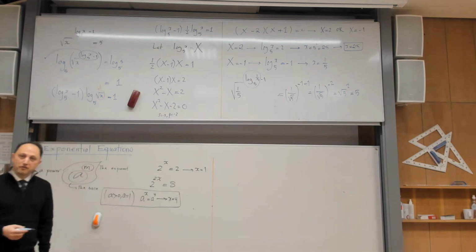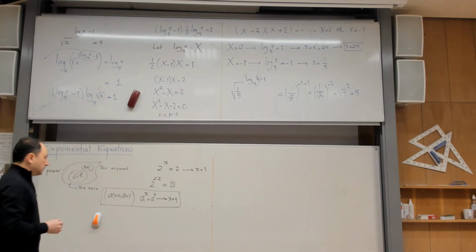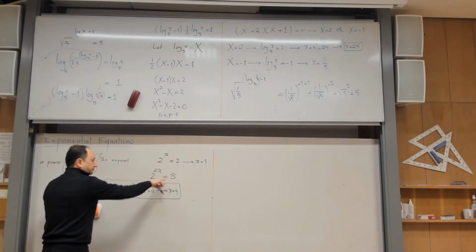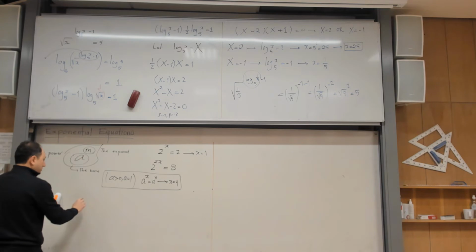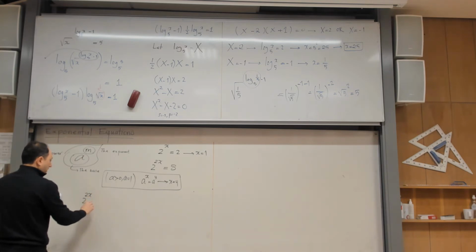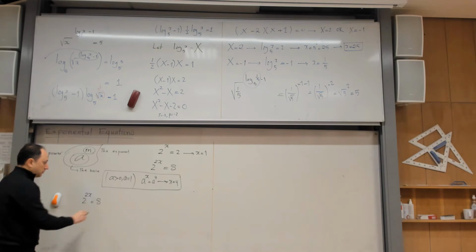which sometimes fails to work. Why? Of course it doesn't fail now because you have enough knowledge. So if I ask you 2 to the power of 2x is equal to 8, find x, I think it's very simple.